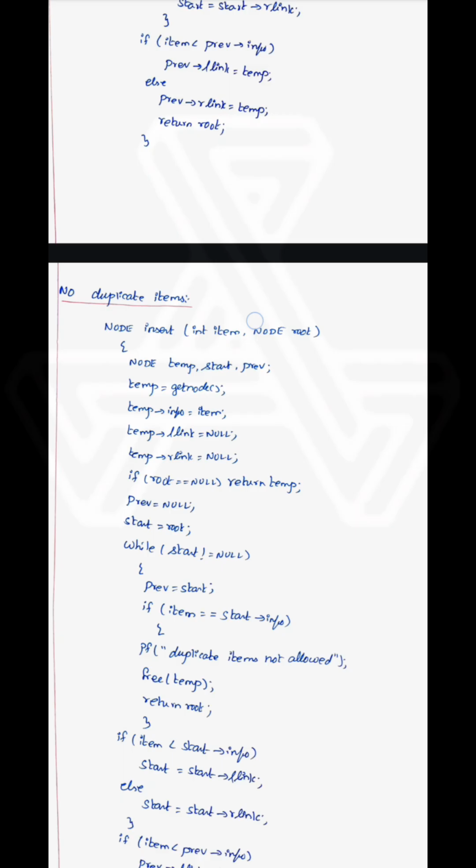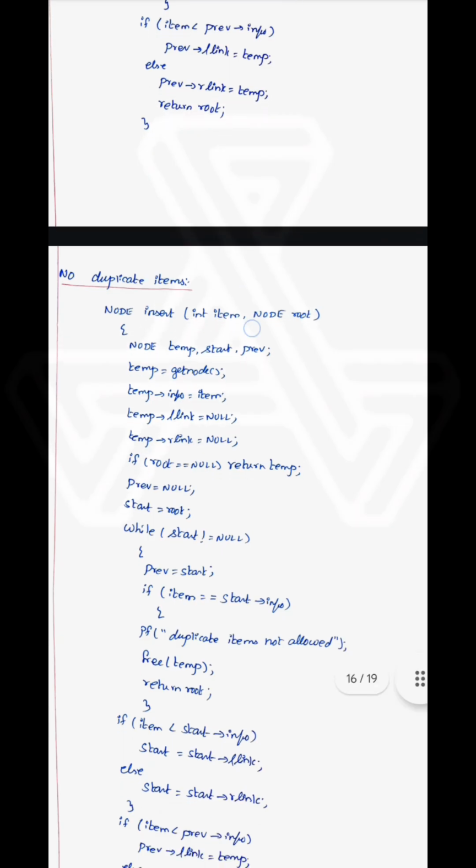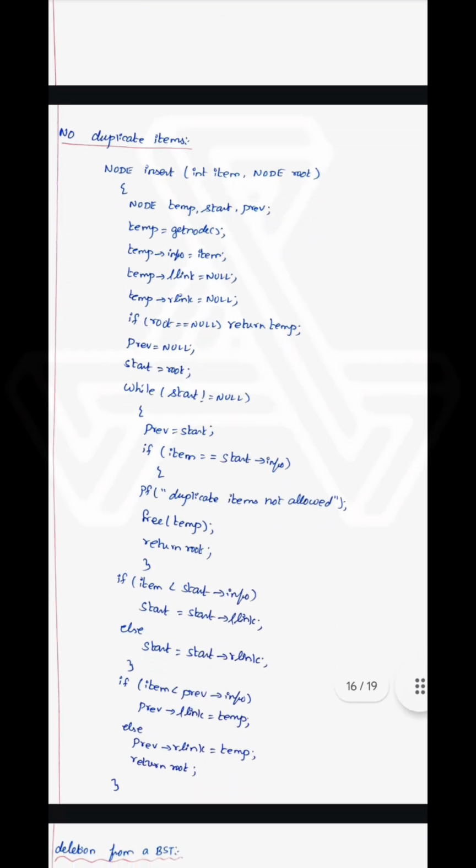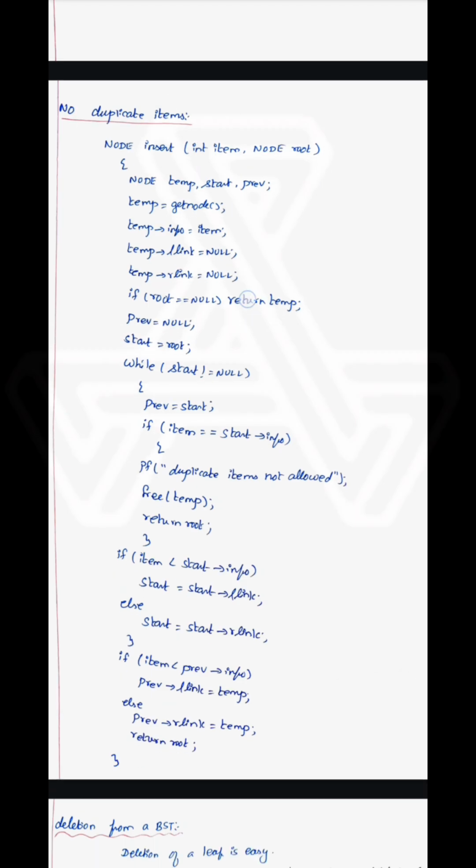While start not equal to null, prev equals start. If item equals start info, printf duplicate items are not allowed. Free temp. Return root. Like that we have to do if it is the same item.